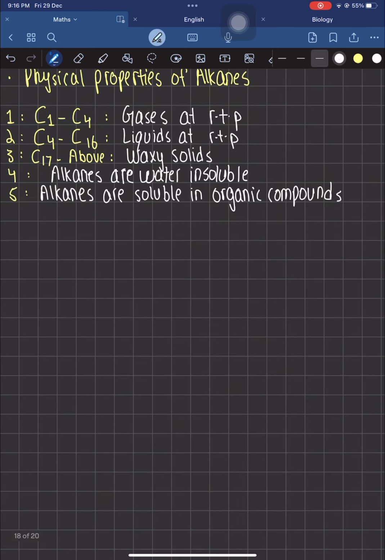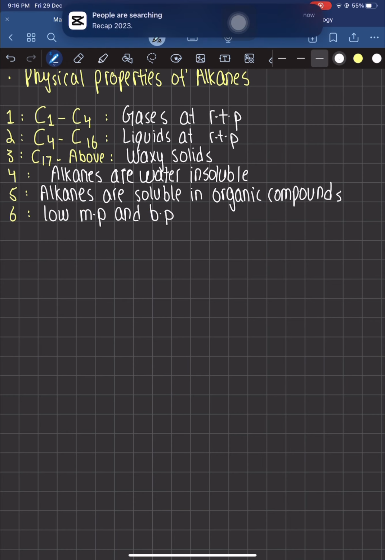Okay, now let's move towards the sixth property, which is that alkanes have a low melting point, boiling point and density. By MP I mean melting point, and by BP I mean boiling point.